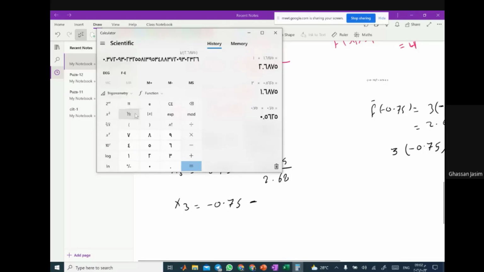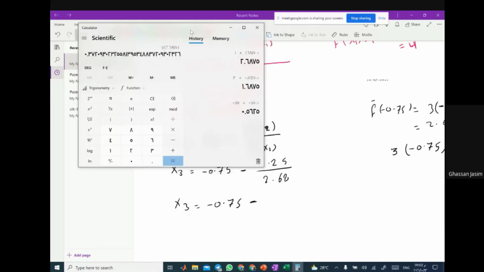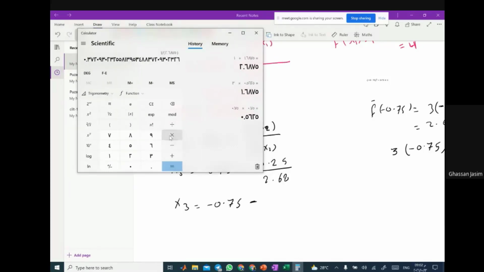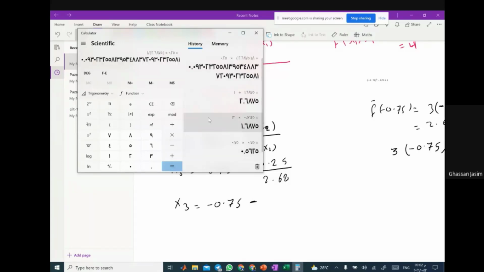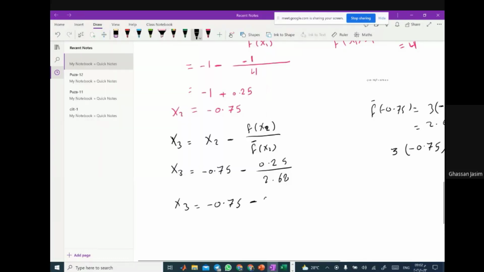Let's take the inverse and multiply by 0.25. It equals 0.093. Now let's sum this.